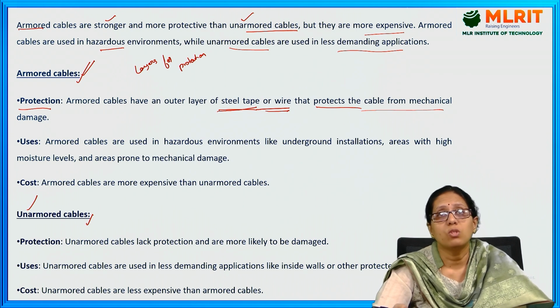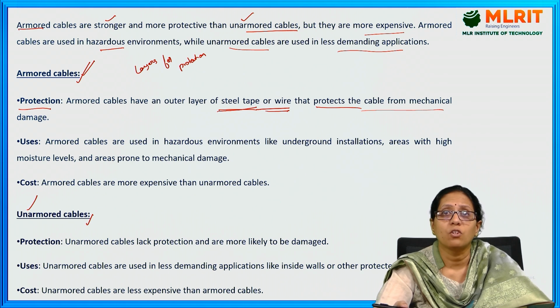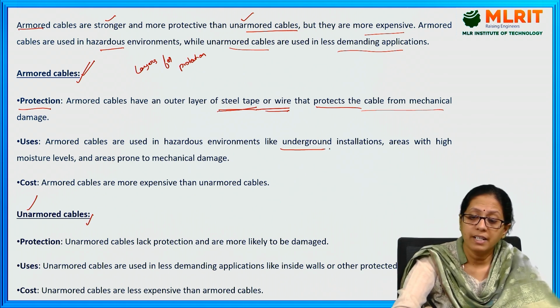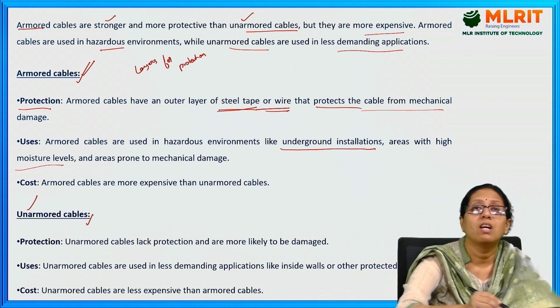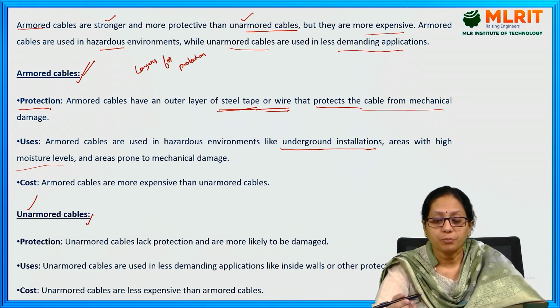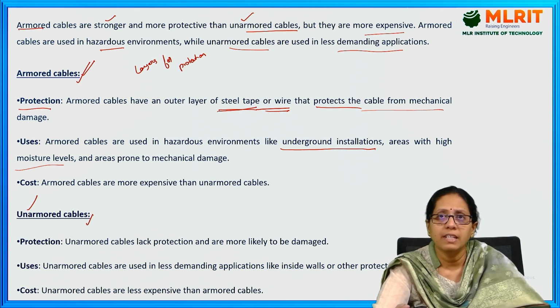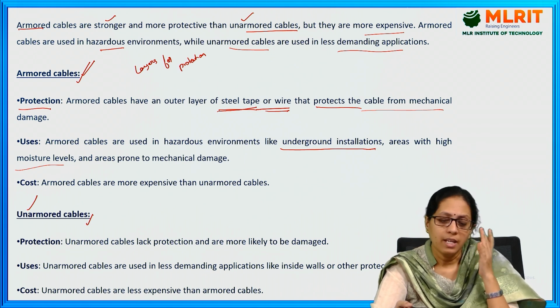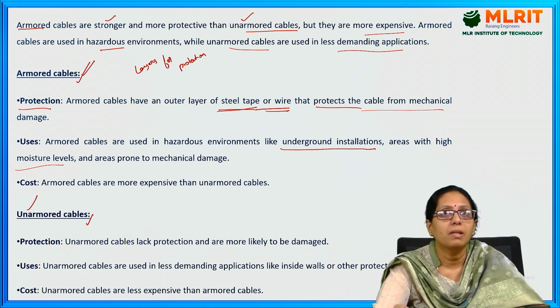What are the uses? Armored cables are used in hazardous environments, like underground installations and areas with high moisture levels, because these cables are installed underground. During the rainy season, wet soil will be there, dry soil will be there, and inside the soil different types of chemicals may get mixed.